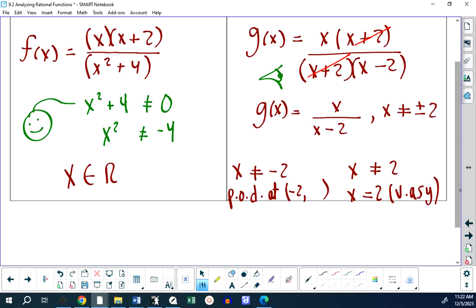So g of negative 2, looking here, is negative 2 over negative 2 minus 2, which I think is 1/2. Negative 2 over negative 4. So again, what we're doing is we're saying you can't use negative 2 because negative 2 doesn't exist for x, but let's use it to find out the value of y that doesn't exist.